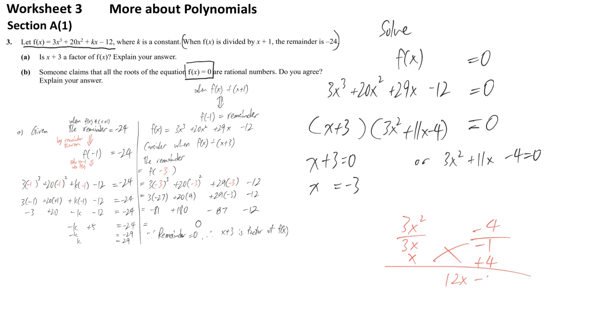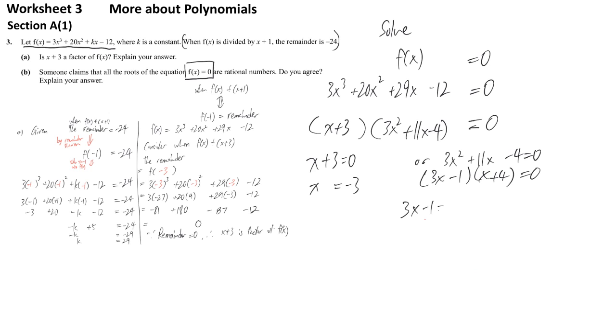So we have 12x minus 1x equal to 11x, positive. So this is the correct combination. 3x minus 1, the first factor, and the second factor, x plus 4. So 3x minus 1 equals 0, or x plus 4 equal to 0. x is equal to 1 over 3, or x is equal to -4. So we have three possibilities to make this become 0: x can equal -3, 1/3, or -4.